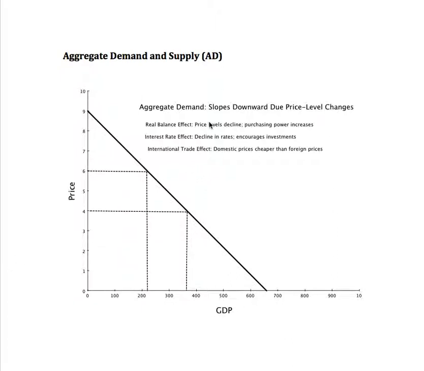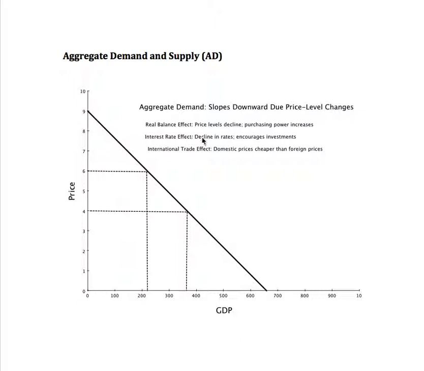So once again, when we look at aggregate demand, there is an inverse relationship between price and what's going to happen to GDP. At the same time, these price level changes are based on the real balance effect: price level declines, purchasing power will increase, causing GDP to go up.